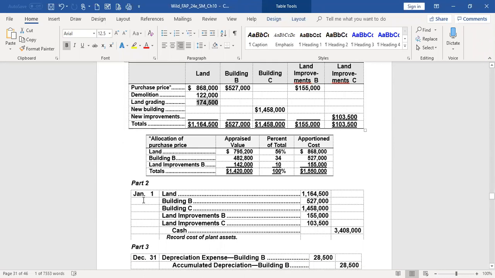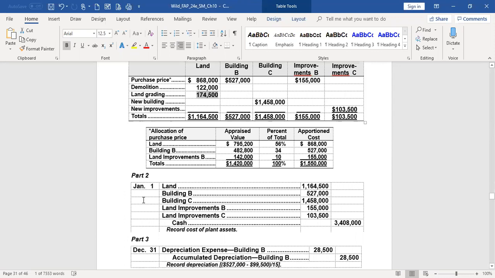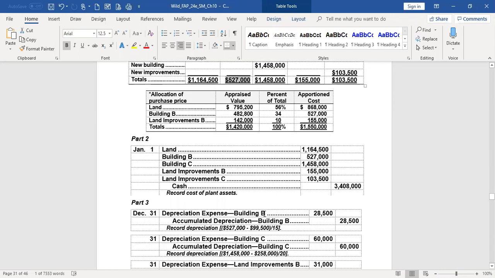Building B, yes. So I want to know the life of building B, and it tells me it has a 15-year life and a $99,500 salvage value. So I will take the cost we just determined, $527, minus the salvage value, and divide that by 15 years. So building B's depreciation expense each year over the next 15 years, $28,500.